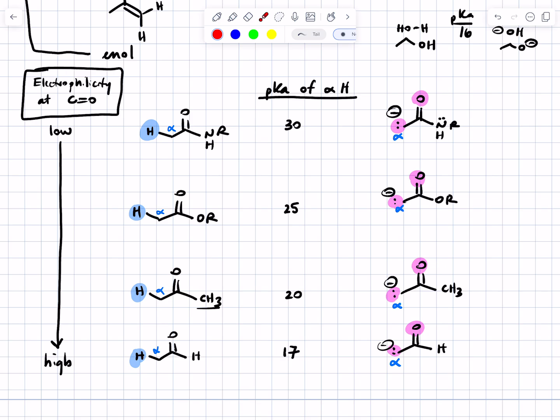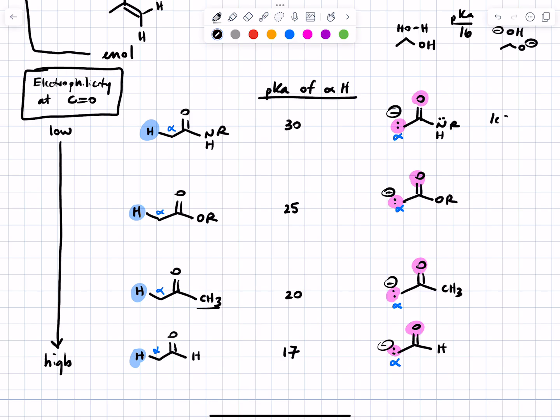Okay? So in general, the better electron donating group or the poorer leaving group we have attached to the carbonyl carbon, the less stabilized the conjugate base enolate is going to be, and therefore the less acidic the corresponding conjugate acid will be. And we can reflect that here.